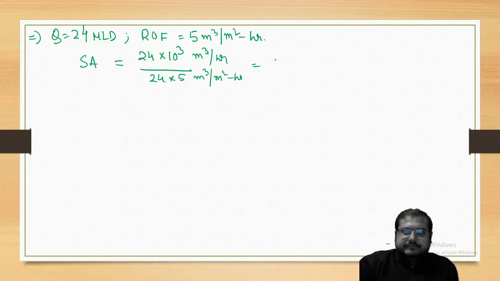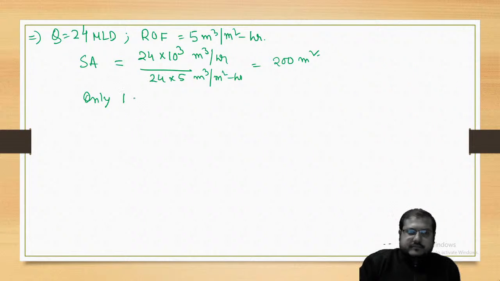So it will be 200 meter square, and only one unit is mentioned in the question. So quite obviously, L to B is to be also provided as 2:1.